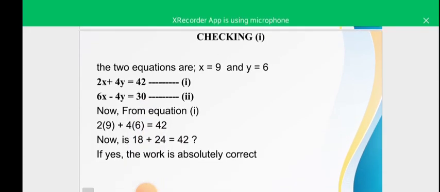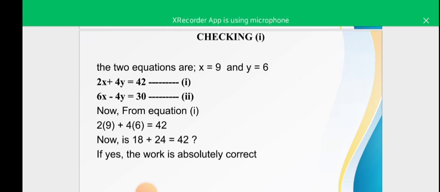Checking 1. The two equations are: 2x plus 4y is equal to 42, that is equation 1, and 6x minus 4y is equal to 30, that is equation number 2. We know that x is equal to 9 and y is equal to 6. So we substitute the values. Wherever we see x, we replace it with 9, and wherever we see y, we replace it with 6.